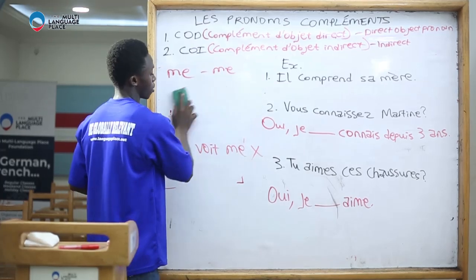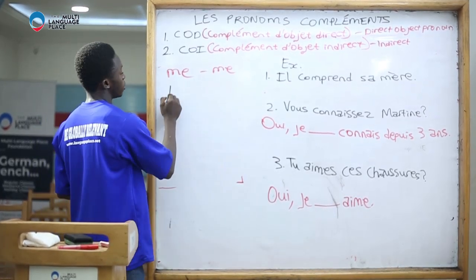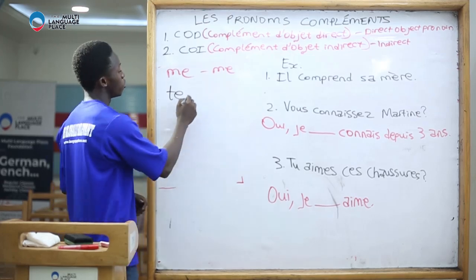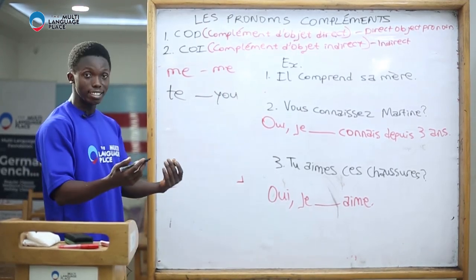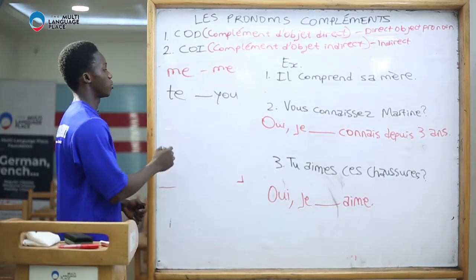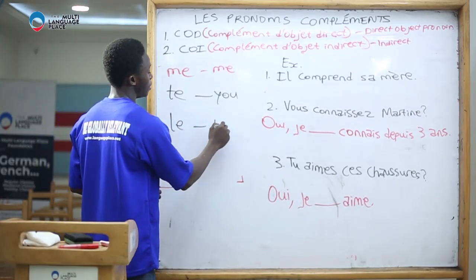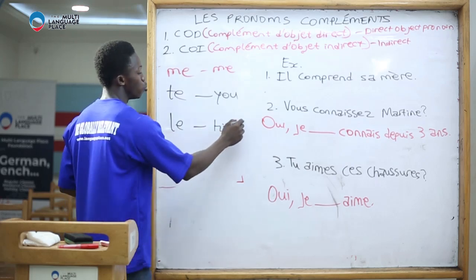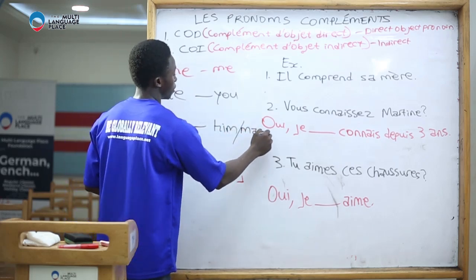Let's continue. Me means me. Another one we have is te. Te means you. That is, he's seeing you. You is a direct object pronoun. Then we have le. Le means him. We also use le whenever we have a masculine object.